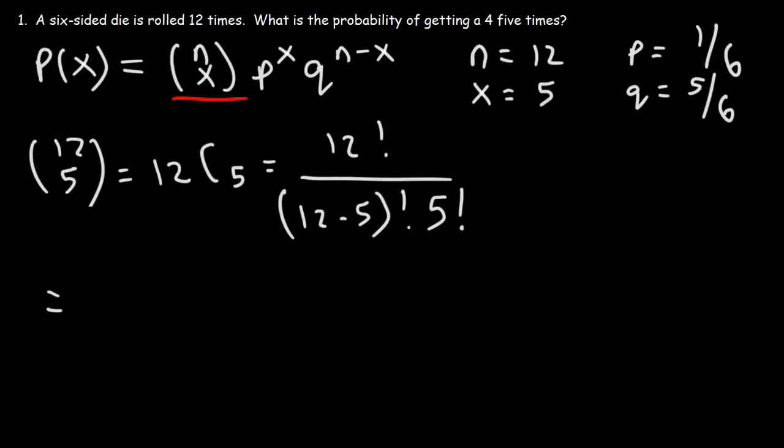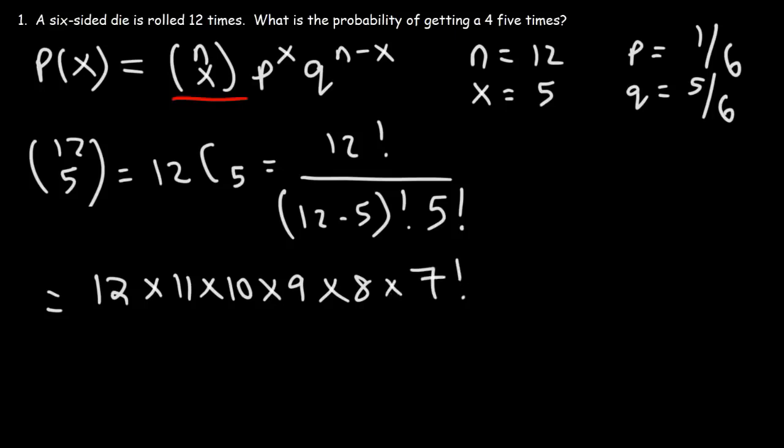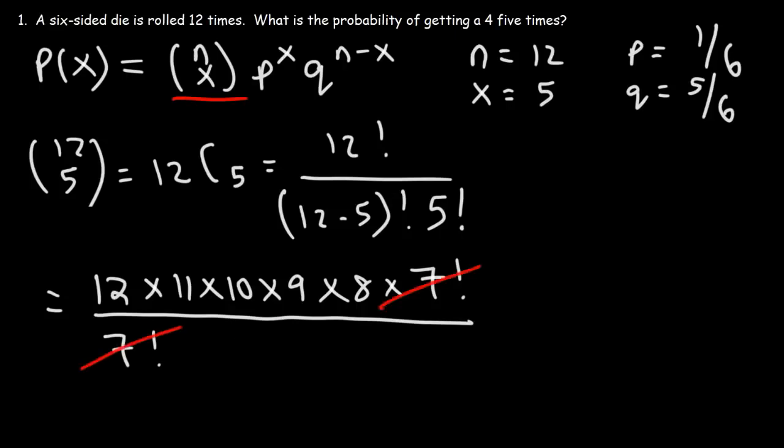12 factorial is 12 times 11 times 10 times 9 all the way to 1, times 8 times 7 factorial. 7 factorial is basically 7 times 6 times 5 times 4 times 3 times 2 times 1. Now, 12 minus 5 is 7, so we can write that as 7 factorial, and note that we can cancel these two. 5 factorial is 5 times 4 times 3 times 2 times 1.